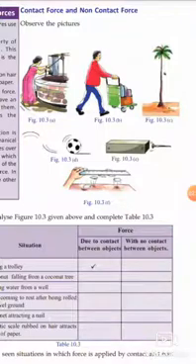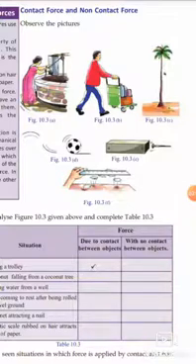So the agent and the body on which the force is applied are both in contact with each other. In the second picture also, the muscle of the man and the trolley on which the force is exerted are both in contact with each other.